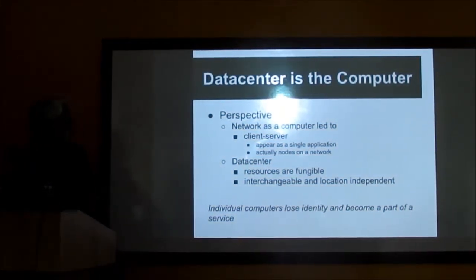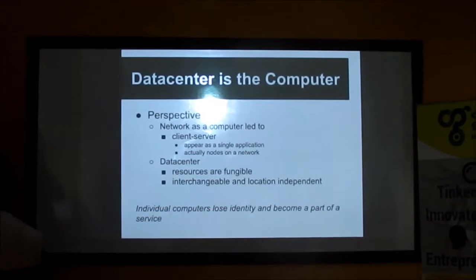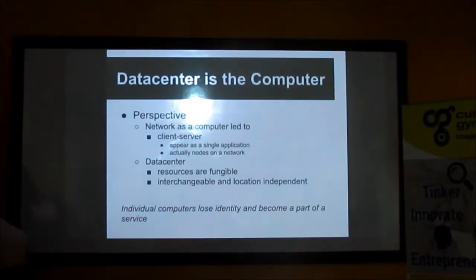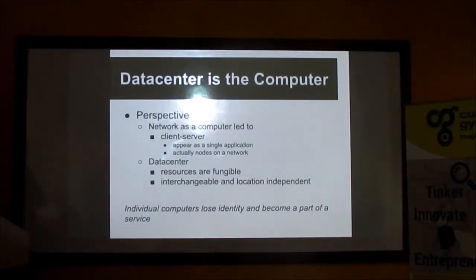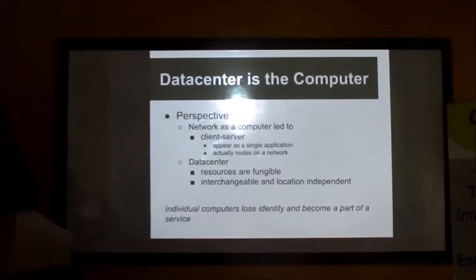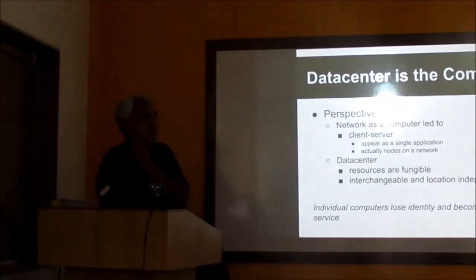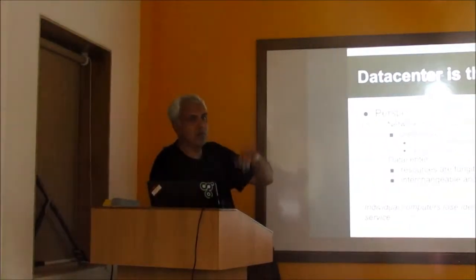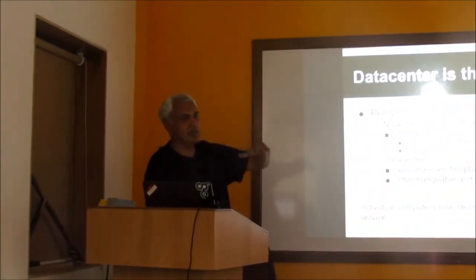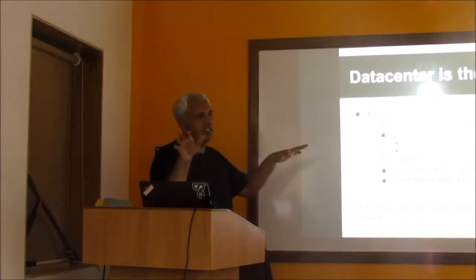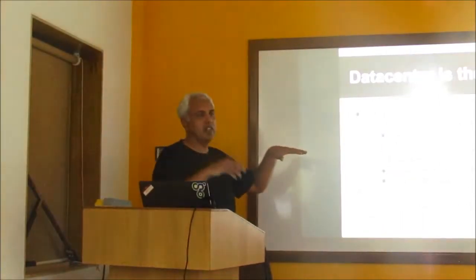So network as a computer, you have a client server. With a data center, resources become fungible, right? They're interchangeable. You don't even know what's happening. You write a program and you say go. You have all these servers in the data center, and there are layers of software on it.